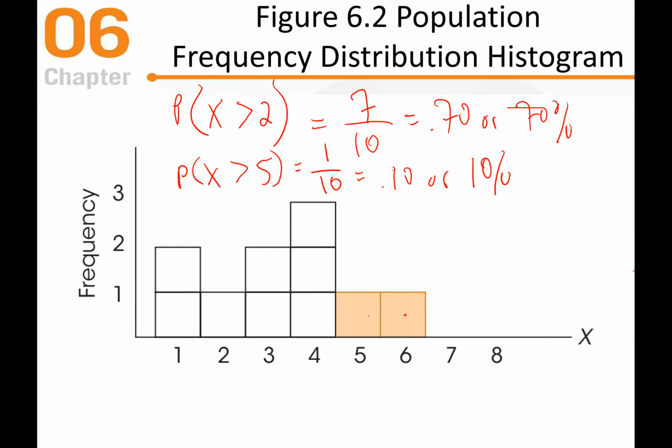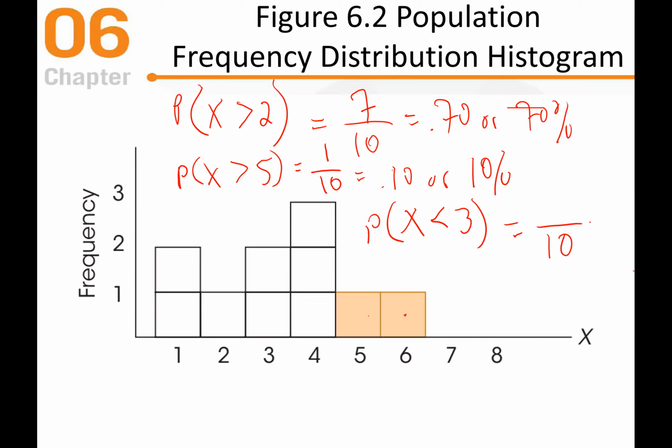Okay, the third one asks, what is the probability, so P and then in parentheses the event, of getting a score that is less than 3? Well, the total number of possible outcomes, again, has not changed. So that is still going to be 10. There are 10 total possible outcomes.